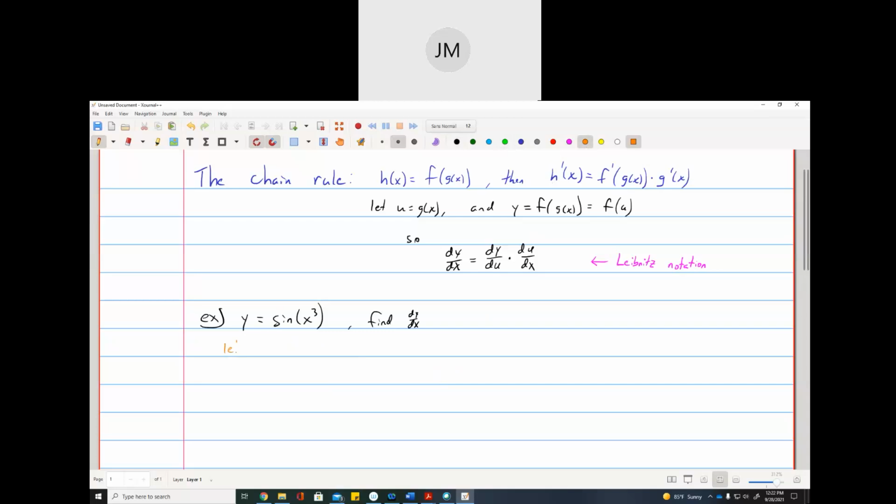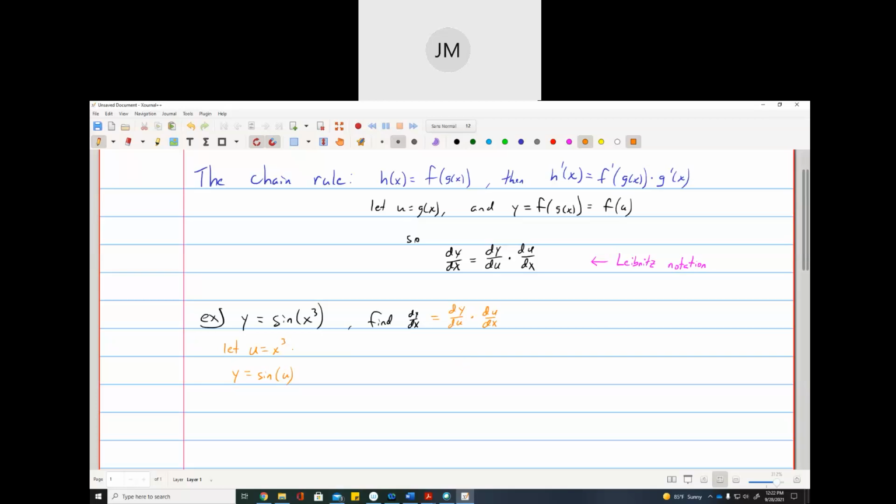So what I can do is say let u equal x cubed. Then y is the sine of u. So then if my derivative formula is dy dx equals dy du times du dx, I need to find these two pieces.